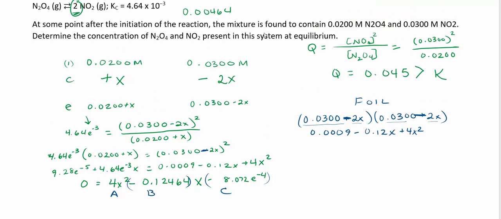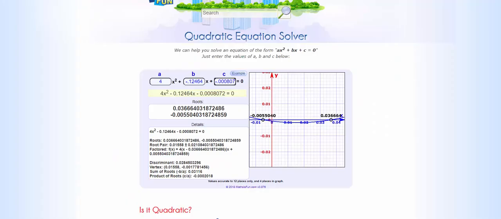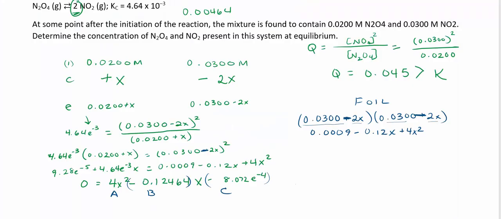So I had these roots, and my positive root is 0.0366, and my negative root is 0.0055. Now, I went back to the problem, and I was going to insert my root.